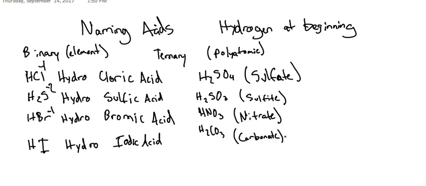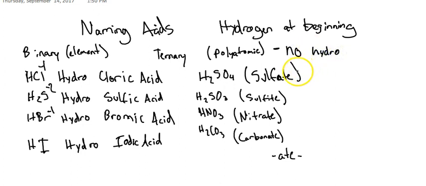And so the naming of our acid depends on the ending of our polyatomic. So if we have ate, the way we're going to name this is we're going to write out the root, and then we're going to write ic acid. But the important thing when we're dealing with ternary is that we do not write hydro.